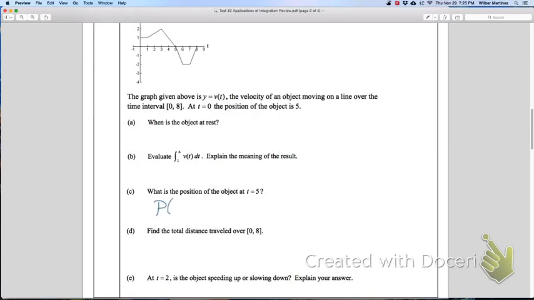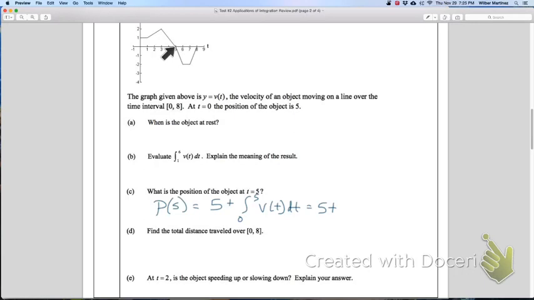So the position at 5 seconds would be, it starts at 5 when time is equal to 0. And I want to know how far has it traveled in between 0 and 5 seconds. So essentially, I'm going to add 5 to whatever the area under the curve is in between 0 and 5. And we just talked about how the area under the curve in between 0 and 6 was 5 because of the last little minus 1.